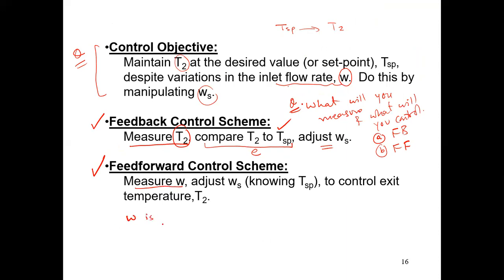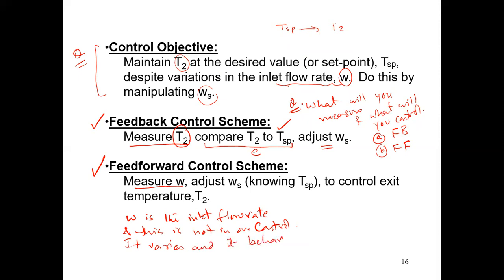W is the inlet flow rate and this is not in our control. It varies and it behaves as a disturbance to our system.